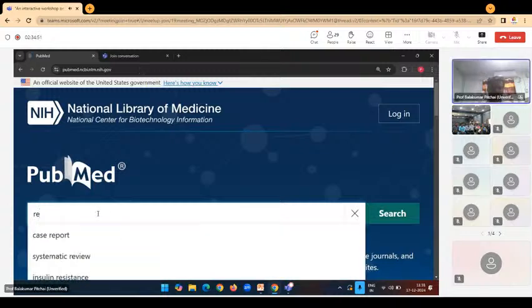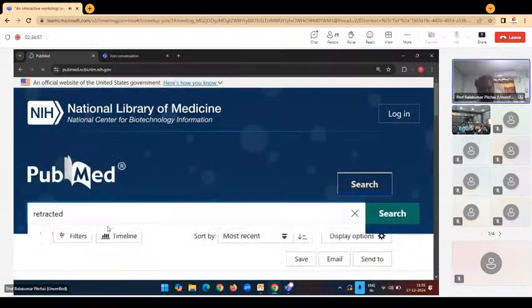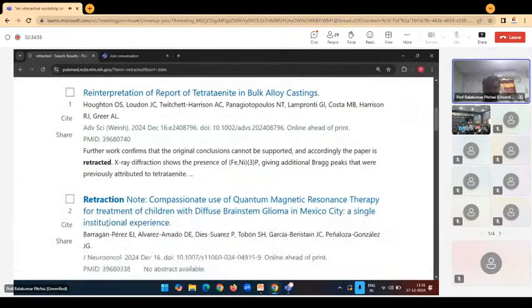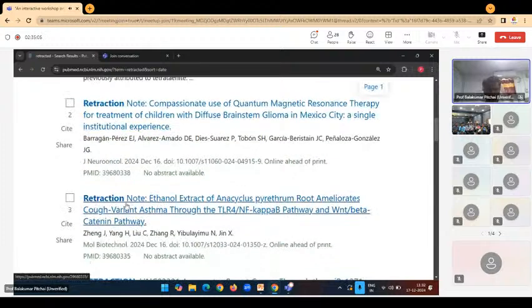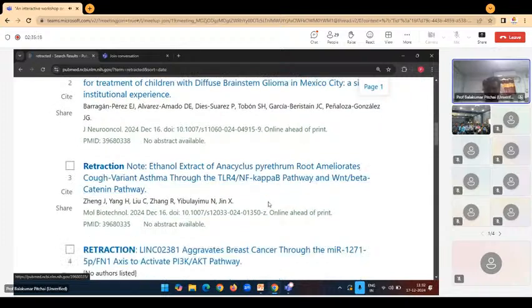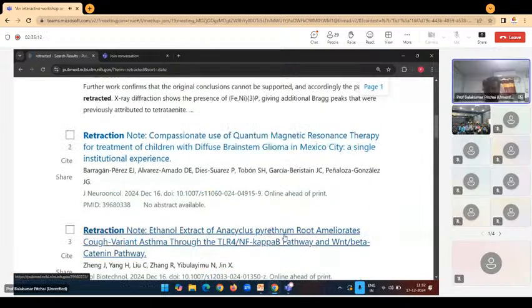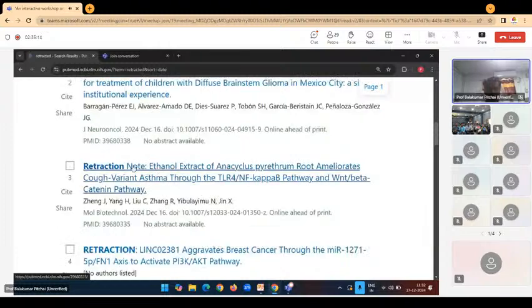See, I just put "retracted", and in the title itself it is shown. Retraction note: compassionate use of quantum magnetic resonance. Retraction note: ethanol extract of this one ameliorates cough variant asthma through this pathway. It is a Chinese article.